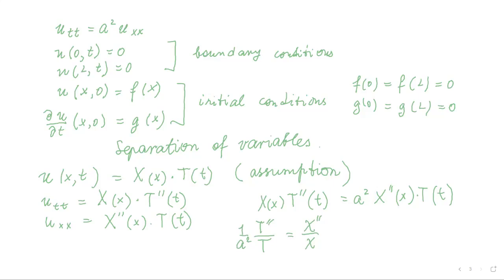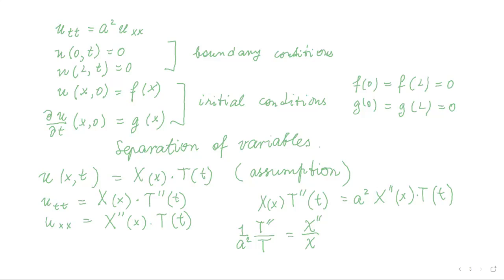X can go for anything. And to satisfy this condition, the ratio between the second derivative of X and X is supposed to be equal to the same number, the number which you set over here when you set little t equals 1 second.